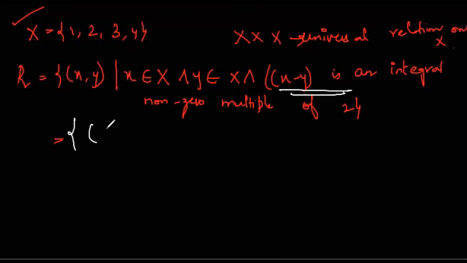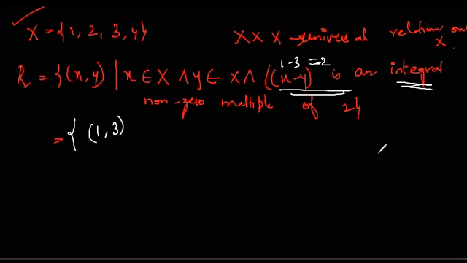If we take x as 1 and y as 3, then 1 minus 3 is equal to minus 2. Is it a multiple of 2? Yes. Is it an integer? Yes. So we can take (1, 3). Can we take (1, 1)? What about (1, 1)?